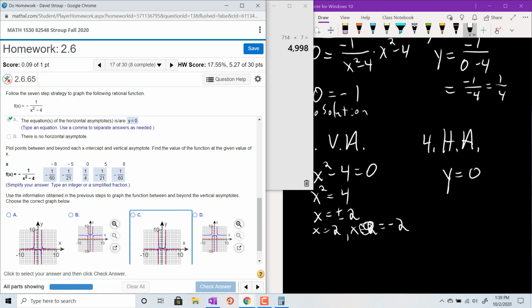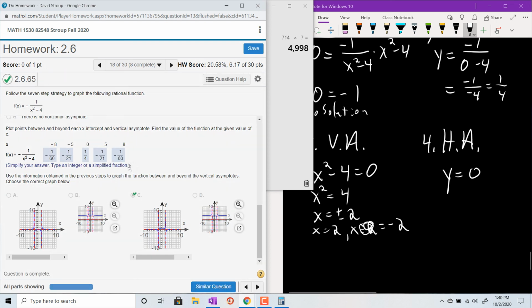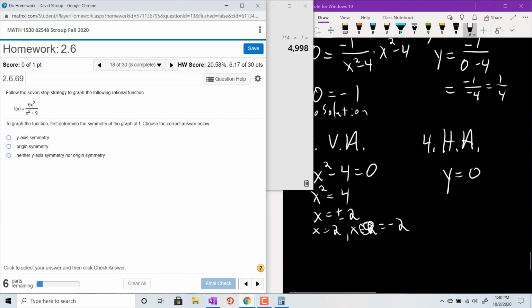That means it's above the x-axis, and that if you plotted that point, it would be on C, not on A. I believe A is negative in that interval. Okay, so C, and then that's kind of the whole spiel.